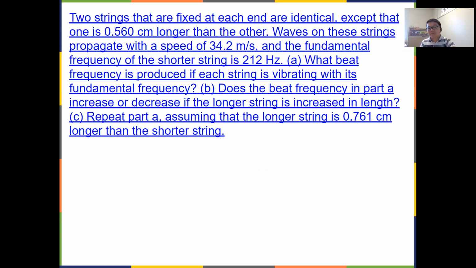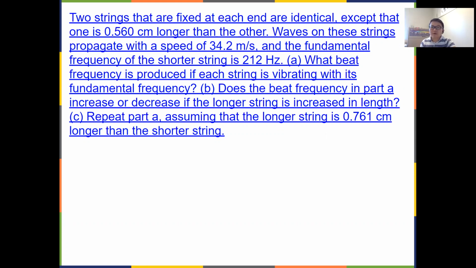Waves on these strings propagate with a speed of 34.2 meters per second, so v is given, and the fundamental frequency of the shorter string is 212 hertz. What beat frequency is produced if each string is vibrating with its fundamental frequency?